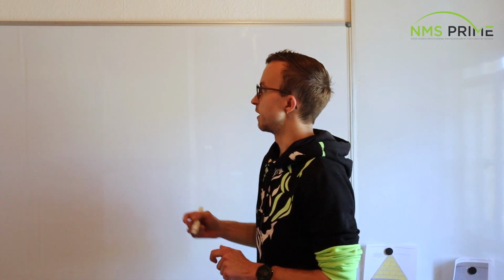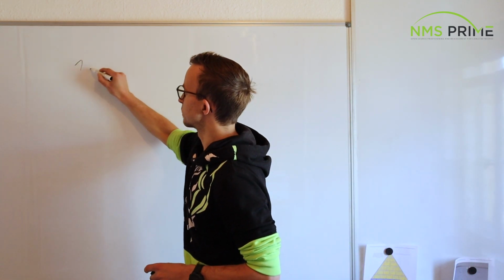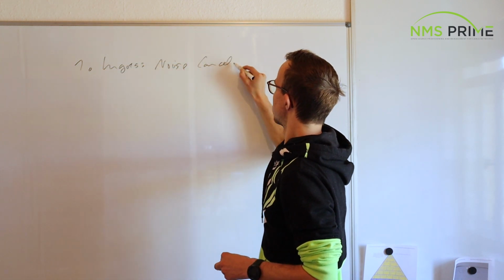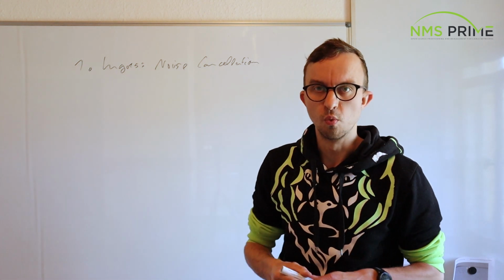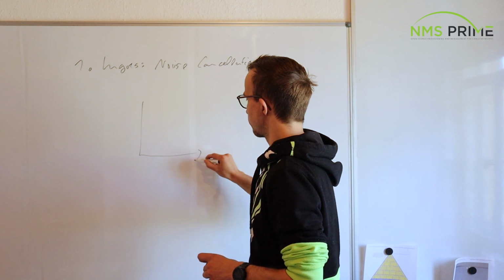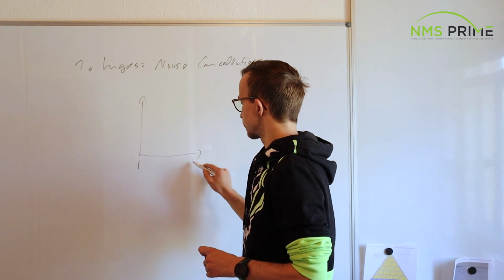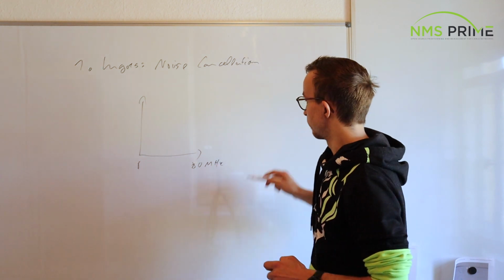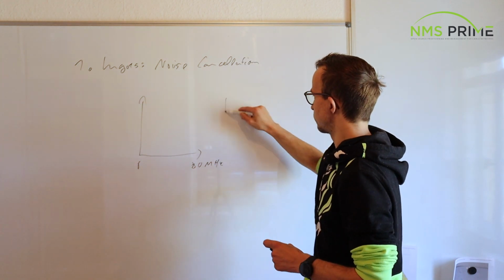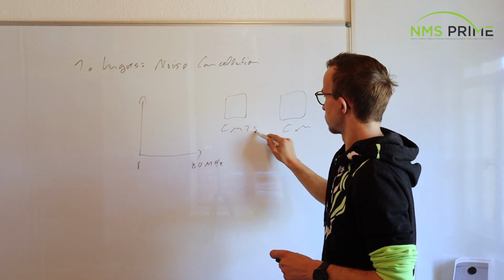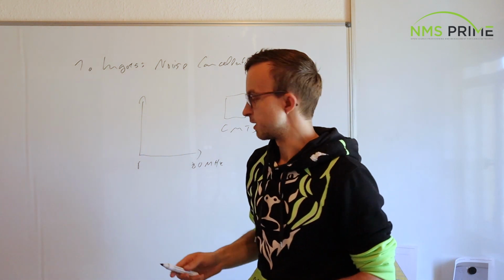So the first thing that you need to check is that you have enabled ingress noise cancellation. So, what is ingress noise cancellation? Let's assume we have a spectrum, here 0 MHz, 80 MHz, a normal upstream spectrum, and a cable modem is sending to the CMTS.